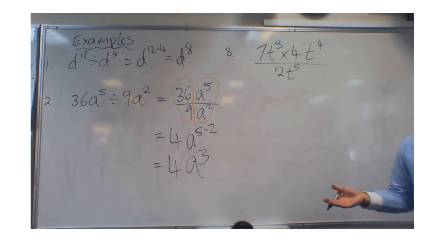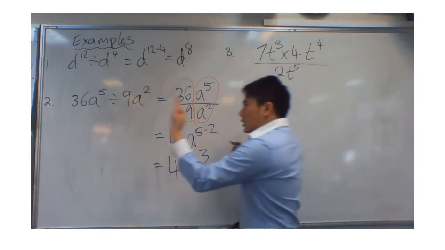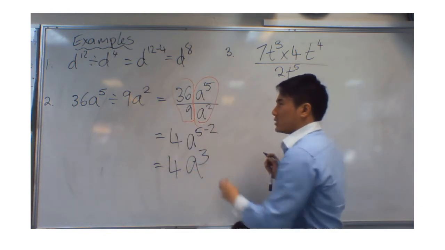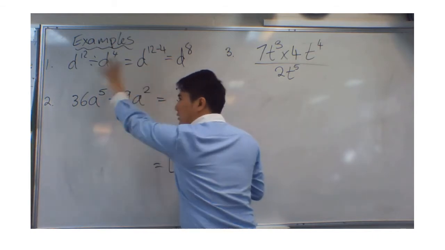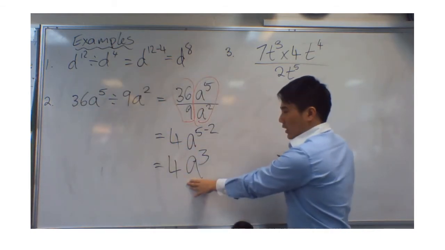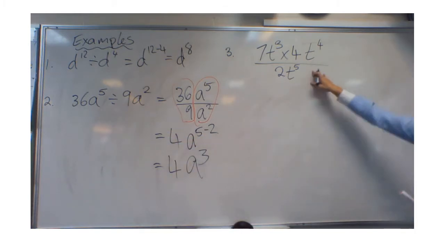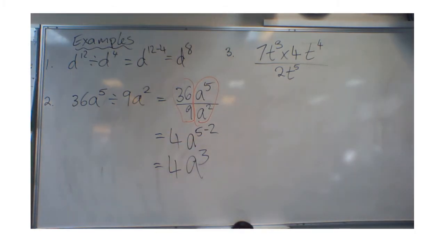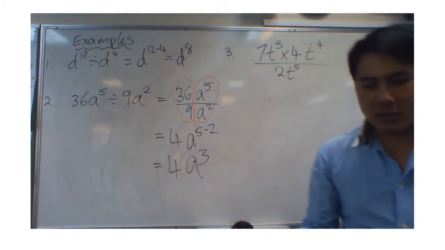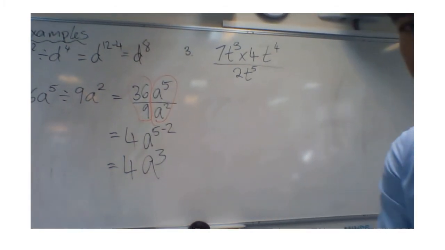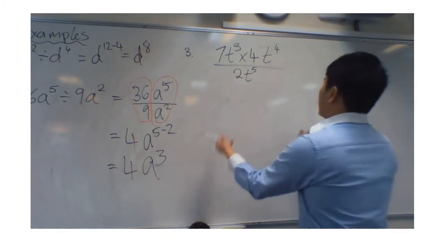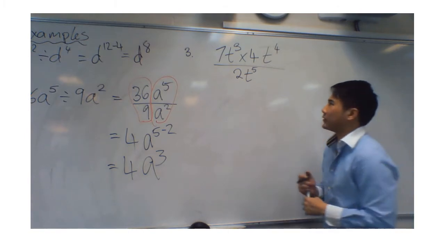That's it. See how cool this is? We can express all that just by 4a to the power 3. They mean exactly the same thing. Alright, look at this. Again, this one looks even scarier, but if we break it down step by step, it's not really that bad.